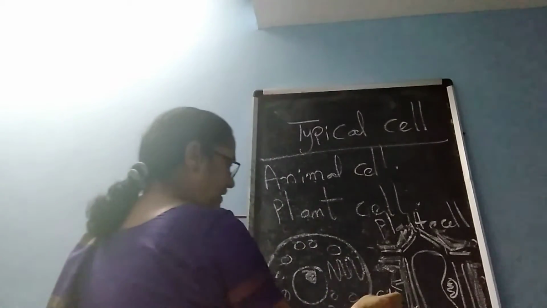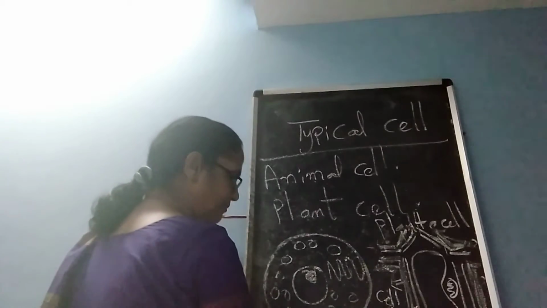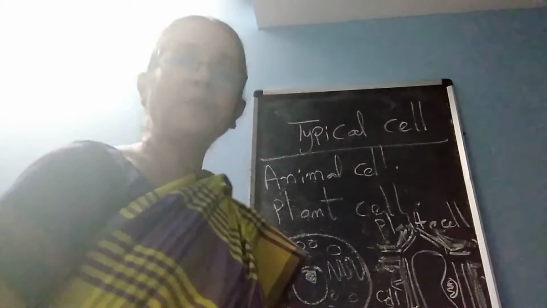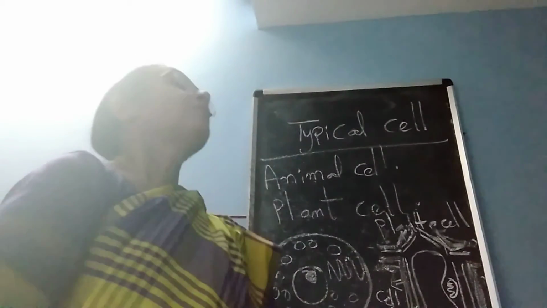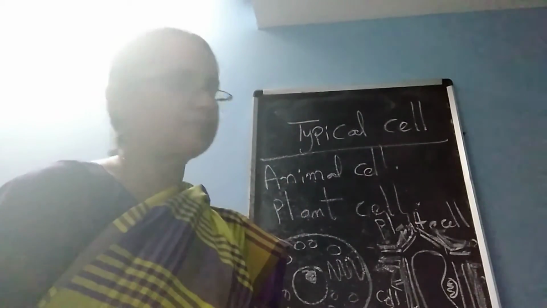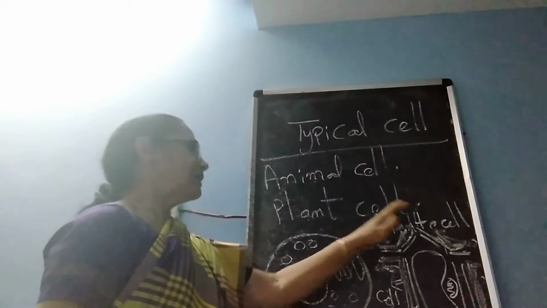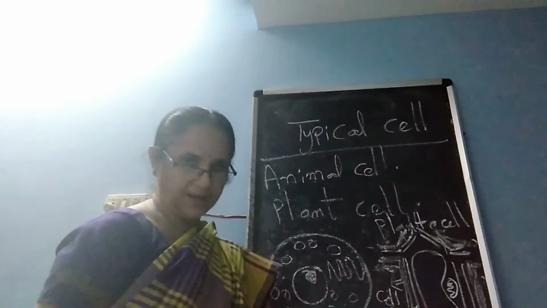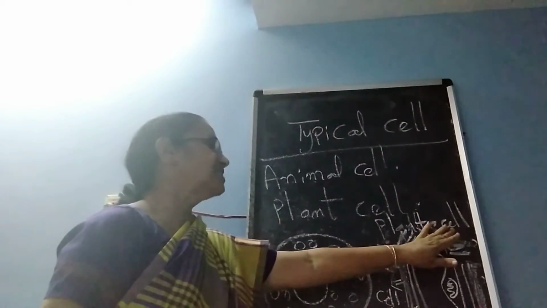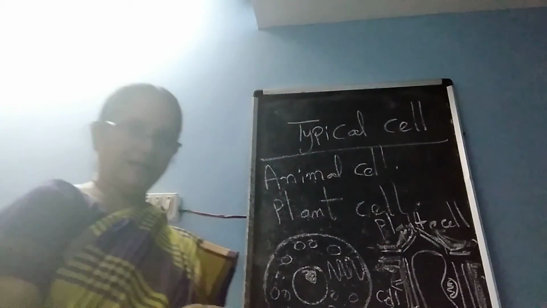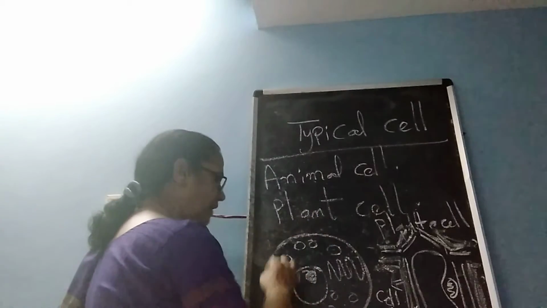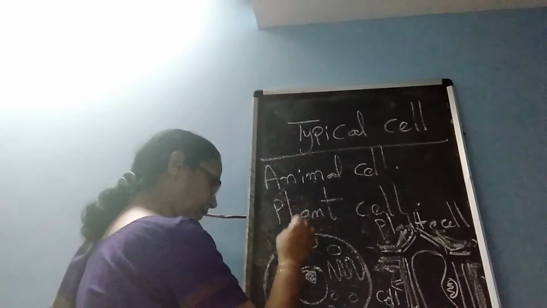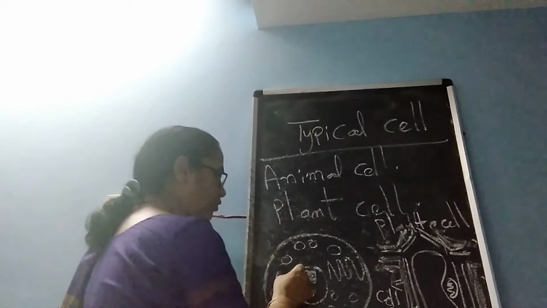This is the cell membrane, this is the cell wall. What is the function of the cell membrane? Because of the cell membrane and the cell wall, the cell maintains its turgidity and its shape. A typical animal cell is round or oval in shape, and it contains a central body.